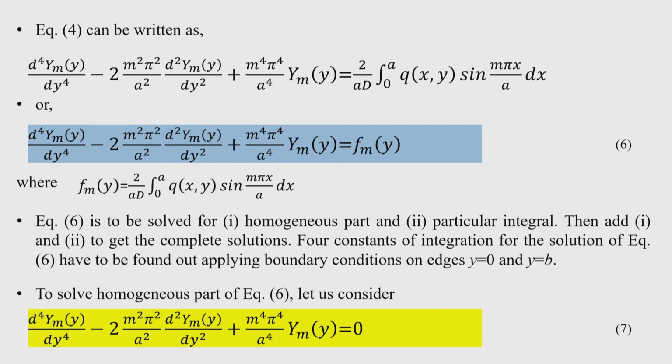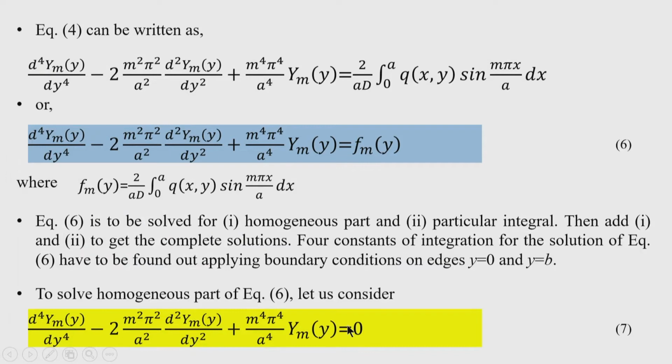We have not spelled out any boundary condition on the other two edges. When we started the formulation, we stated that the two edges x equal to 0 and x equal to a are simply supported. For the other two opposite edges, y equal to 0 and y equal to b, the boundary condition is still not specified.